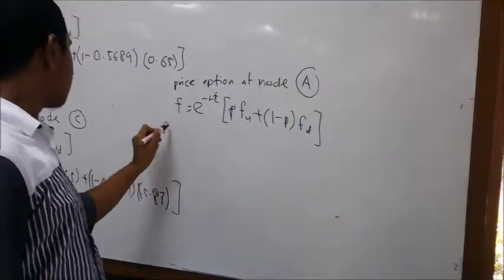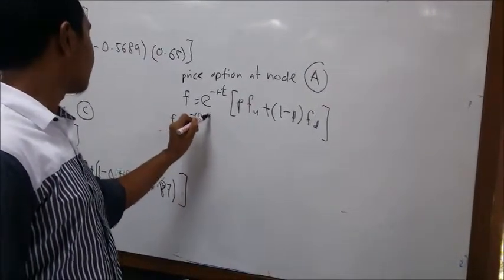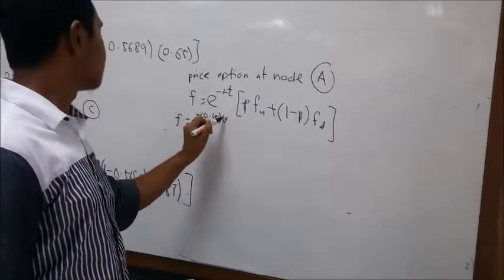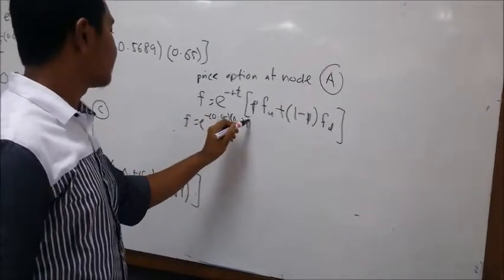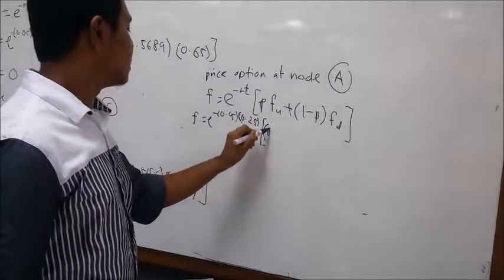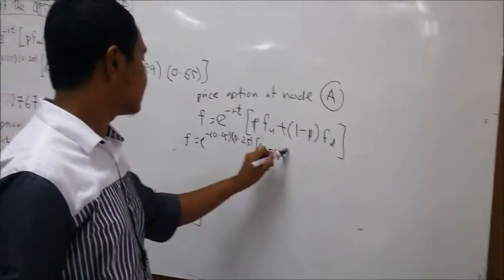So just put into the formula: 0.05 times 0.5, P 0.5689.